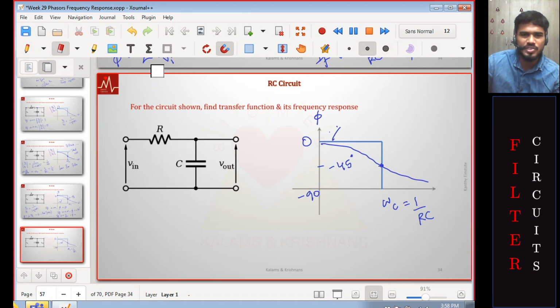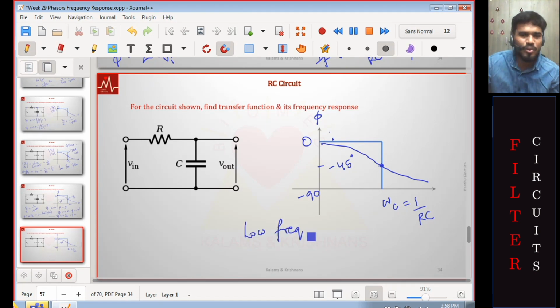Low frequencies, no phase distortion. You want to pass low frequencies with no or lesser phase distortion. That's a better word: low frequency, lesser phase distortion. Ideally this should be the same phase, but it's not. You put in a signal, you want the same signal.